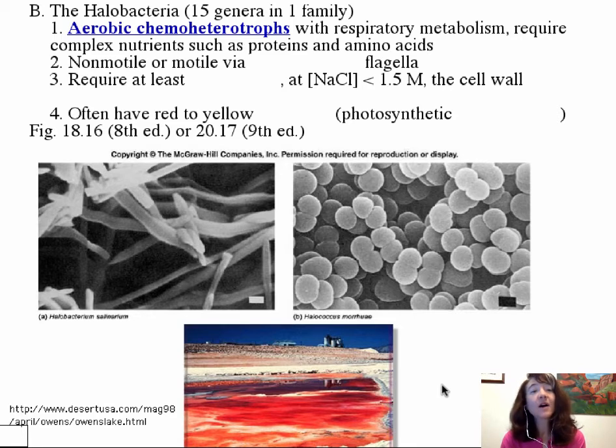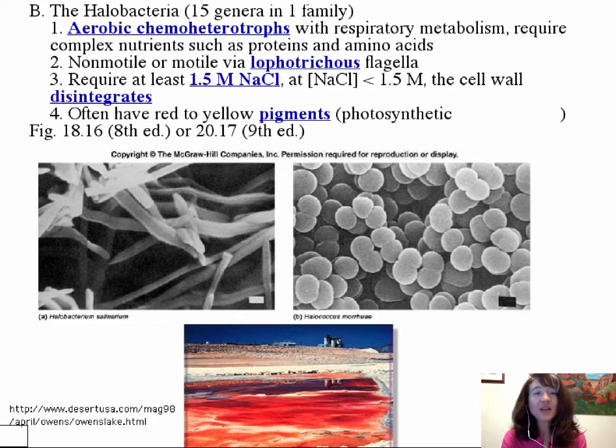And they require complex nutrients such as proteins and amino acids. They're not motile, or if they are, they will be so via lophotrichous flagella. Remember that tuft of flagella? And I already mentioned they require tons of salt, just a high concentration of salt.